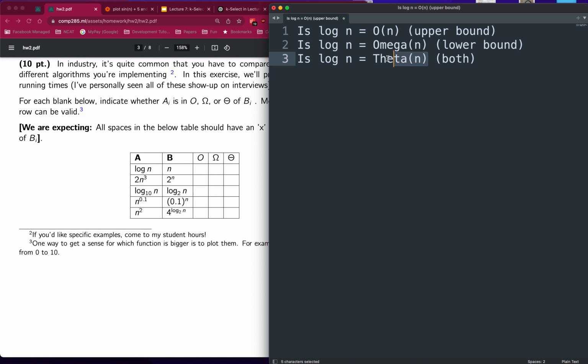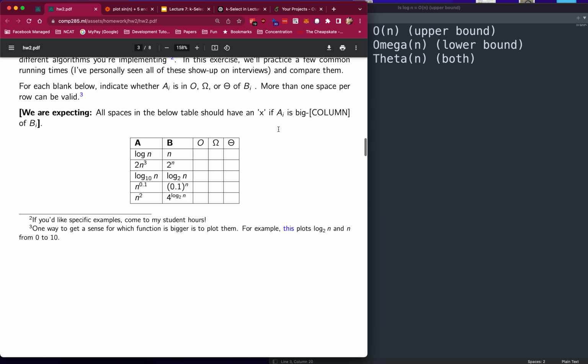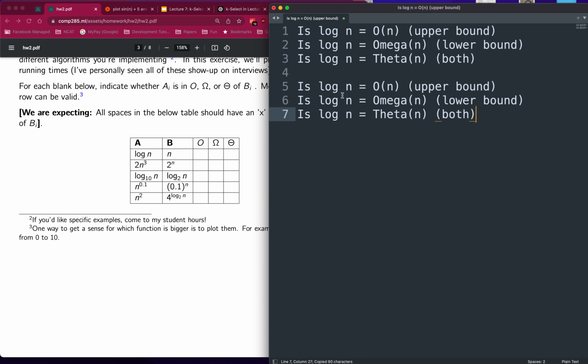However, if you are not both big O and big omega, you cannot be big theta. Therefore, for the rest of the columns, only one will be filled. We can walk through a few of these together, but again, essentially, the first row is asking this, and it wants you to check whichever is true. The second row is asking, is 2n cubed big O of 2 to the n?